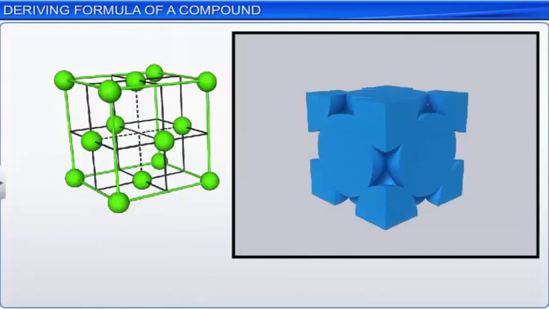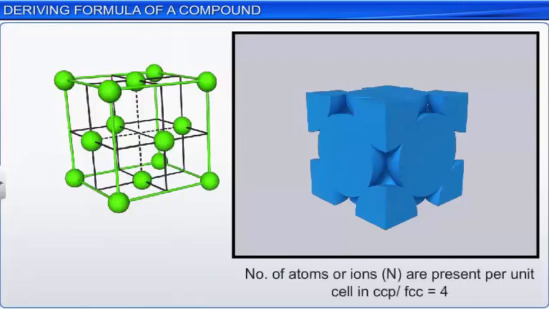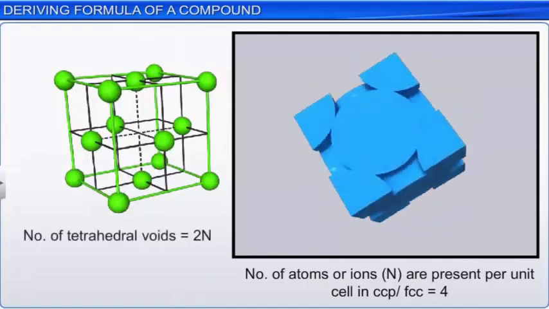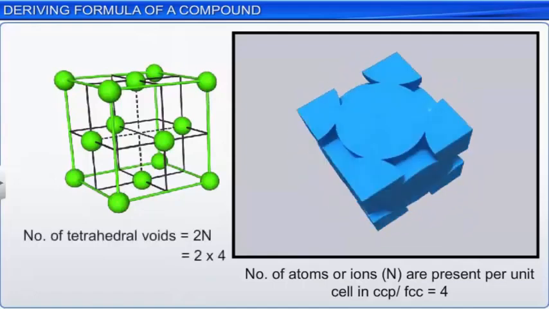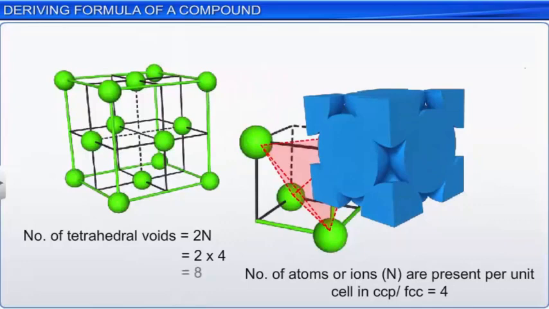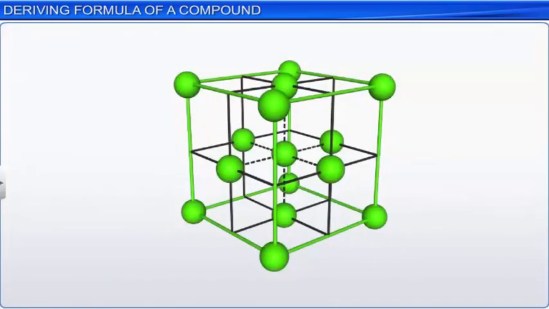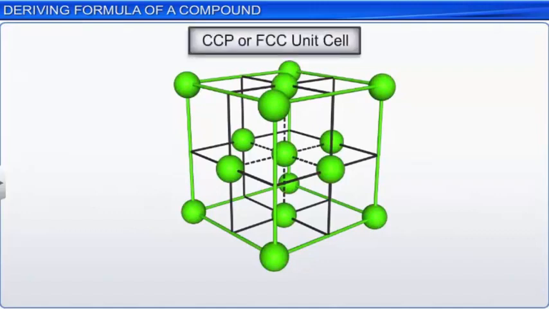Also, you know that in a CCP or FCC unit cell, 4 atoms or ions are present per unit cell. Thus, the number of tetrahedral voids is 2 multiplied by 4. That is 8. Let us now locate an octahedral void in the CCP or FCC unit cell.